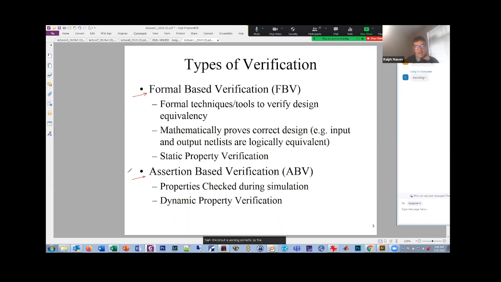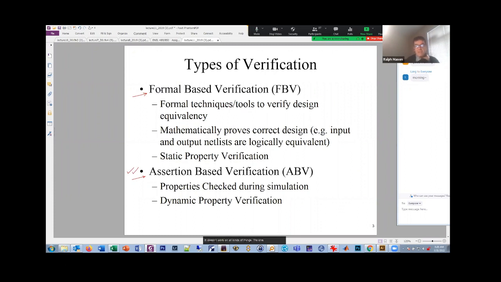By far, assertion-based verification is what most people use, okay? They're doing simulations with signals being applied and looking at the outputs, either visually or automated. Formal verification is not used very much. It doesn't work on all kinds of things.